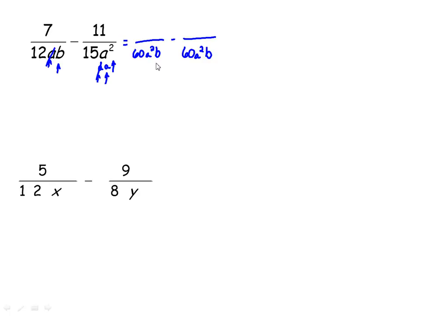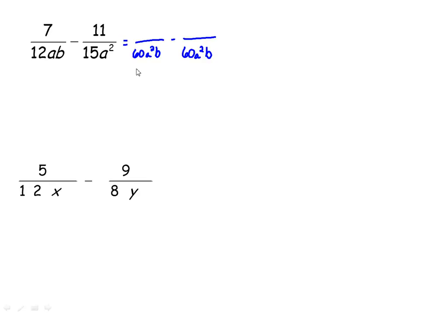So, everything has to be used once and only once. Now, here's our common denominator. So let's look and see what changed. From this denominator, 12AB, to 60A squared B, what did we multiply by?